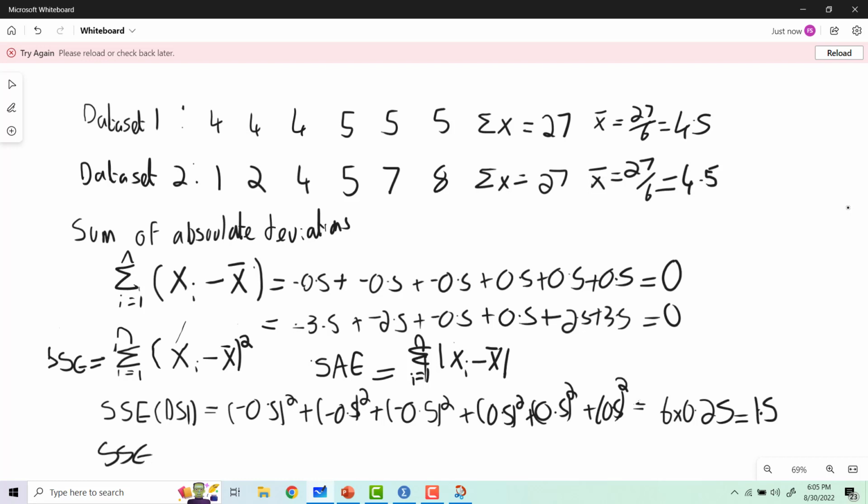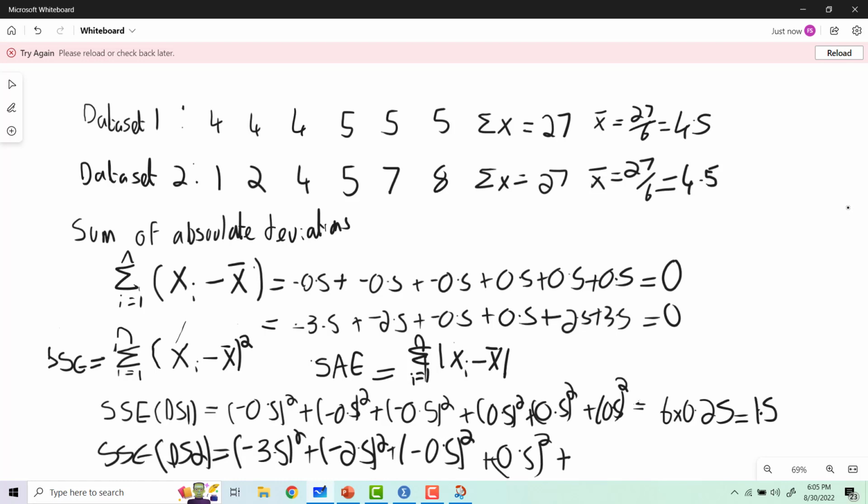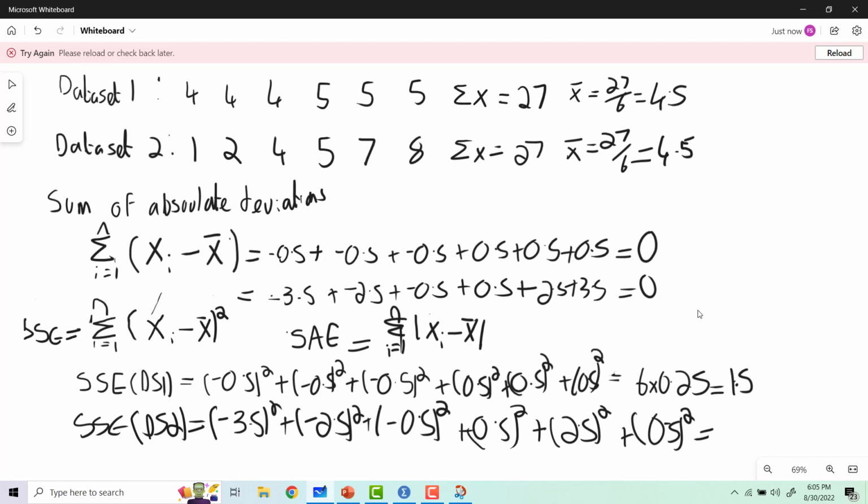And the sum of squared error for data set 2 is minus 3.5 squared and so on, and I need the calculator to do that one. That is actually 37.5.